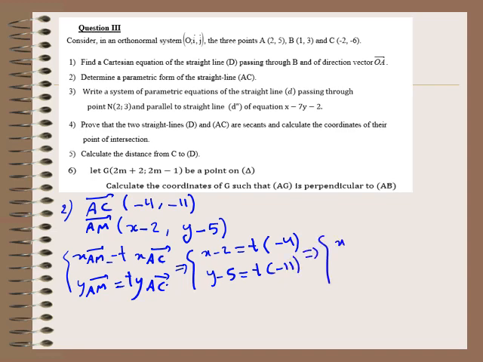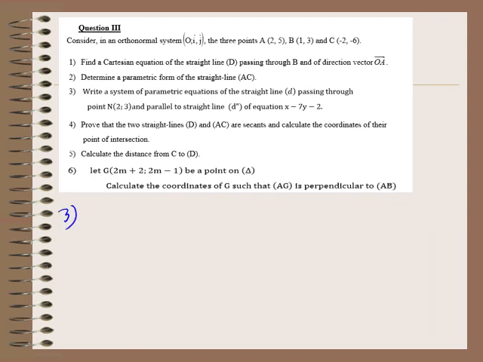Then x equals minus 4p plus 2, y equals minus 11p plus 5. This is the parametric equation of AC.